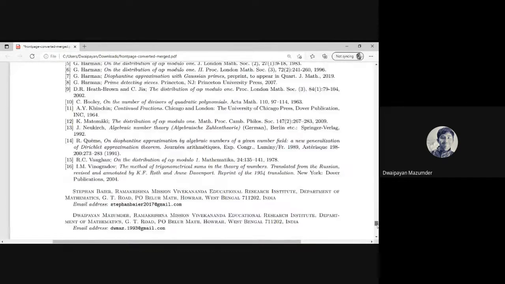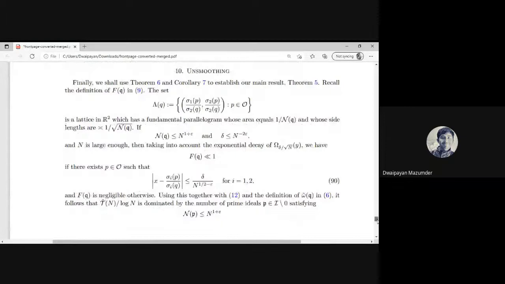You have this, so what will you do? We will do this. So there is something x1 minus sigma 1 p and x2 minus that. But you know, in the case of measuring the area, we don't need the linear change. We can remove that, and ultimately we can take this one.